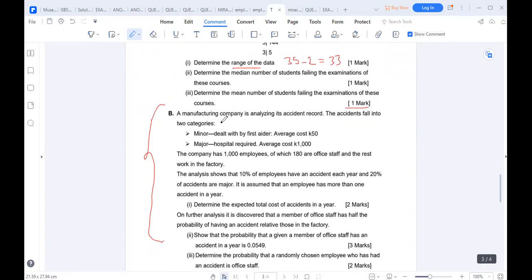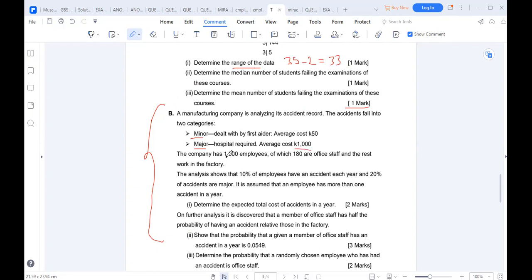Right. Okay. Then the manufacturing, this was the first question. The manufacturing company is analyzing its accident record. So accidents fall into 2 categories, minor and major. Minor ones, their average cost is 50, and the major, the average cost is 100.